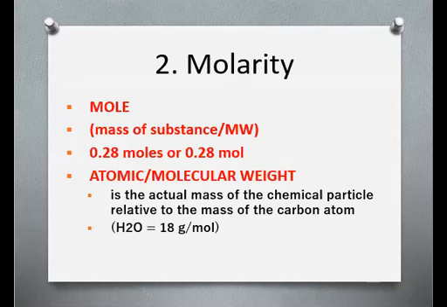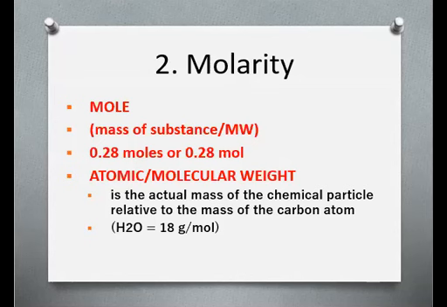Another definition for molecular weight, and this is the definition that we're going to apply in solving molarity, molality, and normality, is that molecular weight is the sum of all atomic masses in a molecule. Before I proceed to the next slide, I would also like you to review how we solve for molecular weight and moles, because those are very important in this topic.